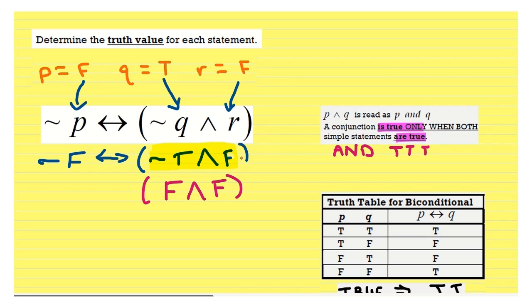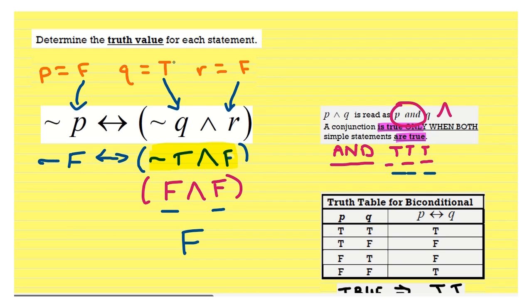Okay, we have a cheat sheet for and. The cheat sheet says that if it's and, we are looking for true and true, and then it will be true. So is this true and true? No. Therefore, it is false. So everything in parentheses has a truth value of false.